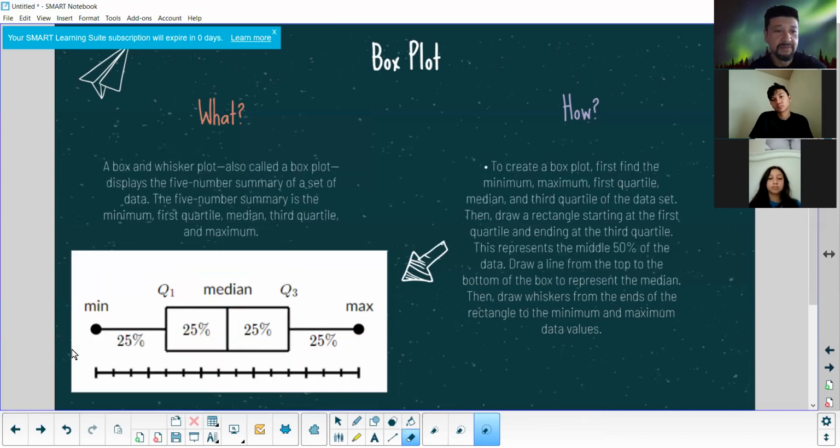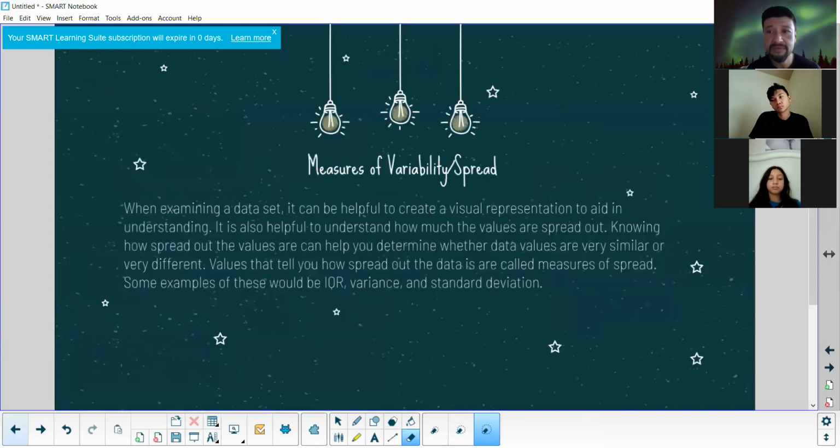Let me have Celeste go ahead and read this. Measures of variability, spread. When examining a data set, it can be helpful to create a visual representation to aid in understanding. It is also helpful to understand how much the values are spread out.